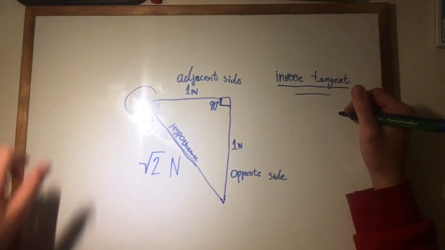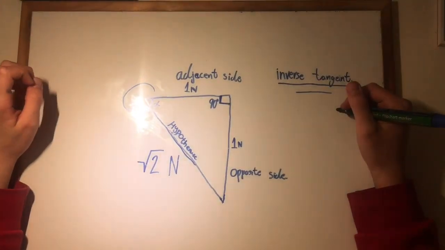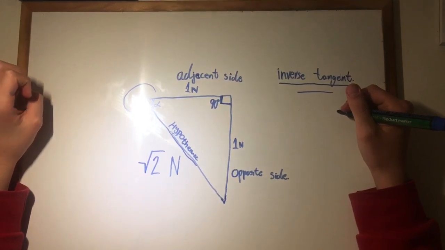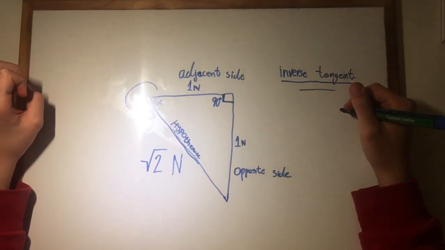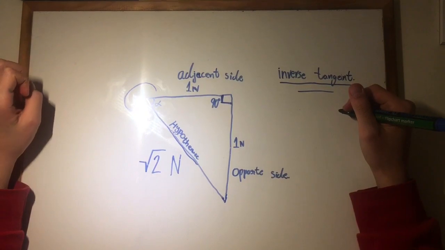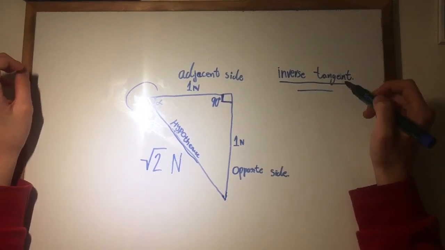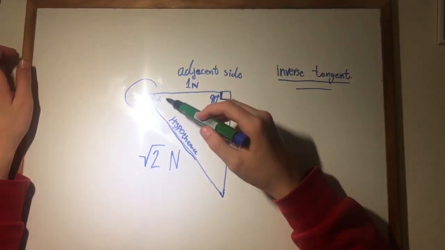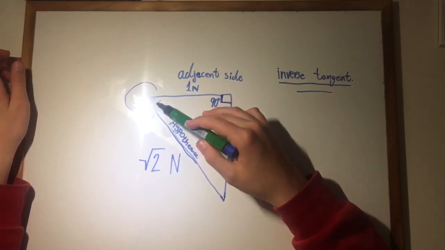Now that we have found the magnitude of the combination of forces, we will look at the direction using the angle, which is measured from the positive horizontal line. And to find the angle, we use the inverse tangent. And now we're specifically trying to find this angle, alpha.